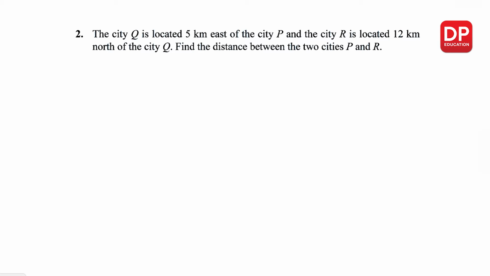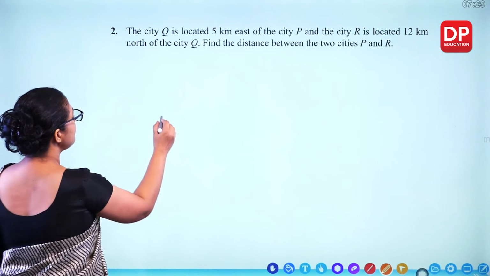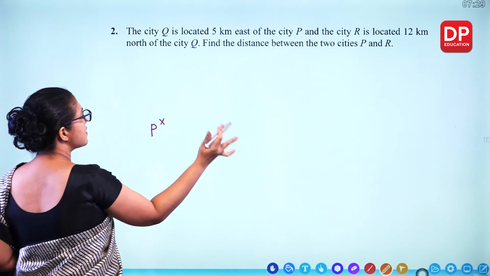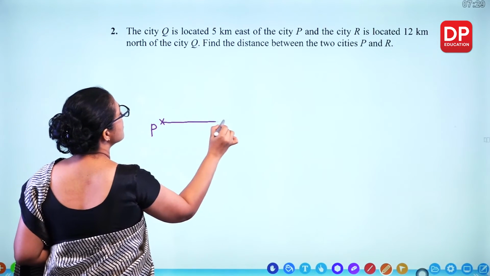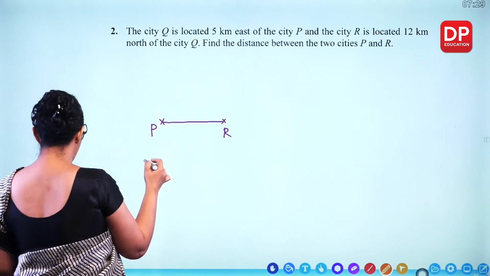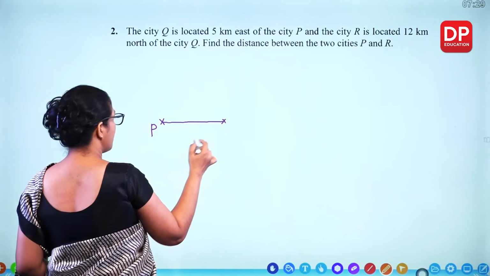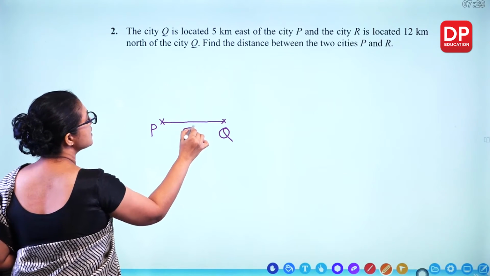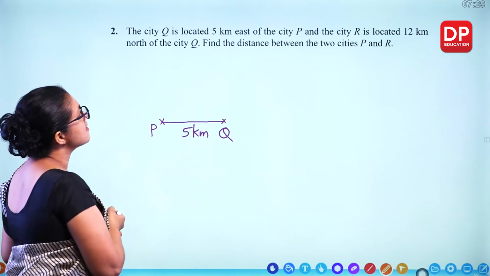Question number 2. The city Q is located 5 kilometers east of the city P. We'll try to draw the diagram. If P is here, east side means this way, so horizontally, the Q point is located 5 kilometers away.